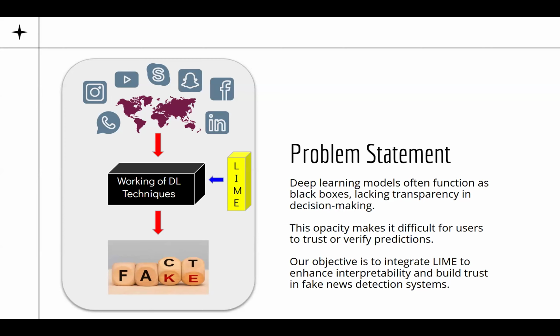Even if we can tell that, the numbers are not really useful when other people are trying to trust the AI. So the objective is to integrate an explainable AI, LIME, so that we know how the deep learning technique actually works.